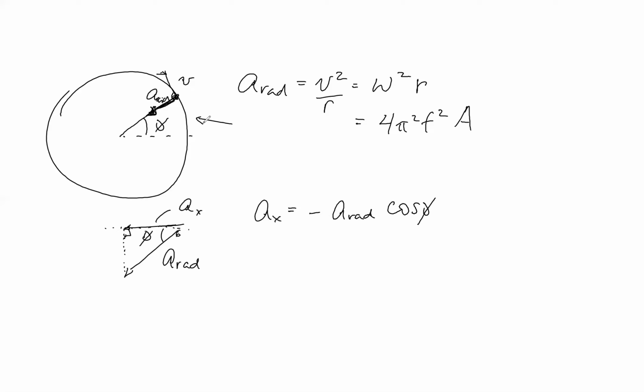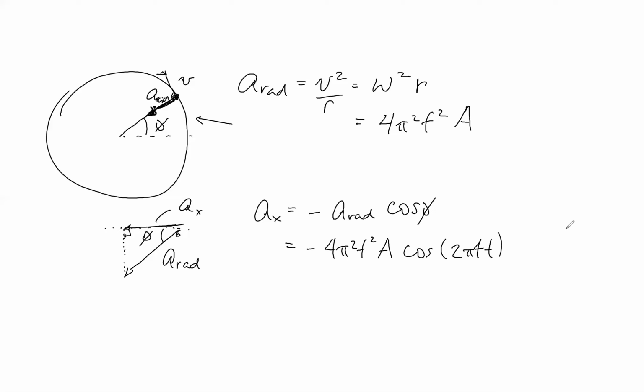So what I want to do after having written that out is I have that expression for a rad. I'm going to write minus 4 pi squared f squared A cosine of 2 pi f times t again.